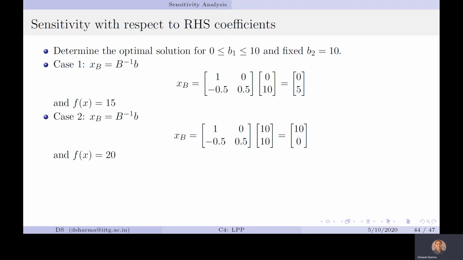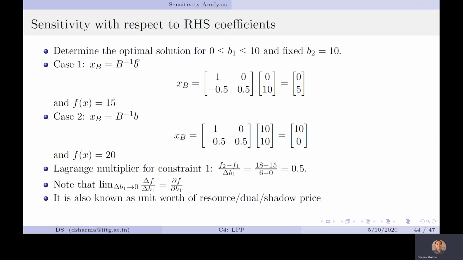So in this case, if we change b1 from 0 to 10, our objective function value will change from 15 to 20. Now I'm introducing an important parameter, which is called the Lagrange multiplier. Lagrange multipliers are always corresponding to the constraints.